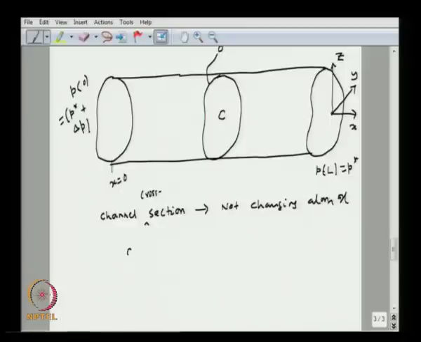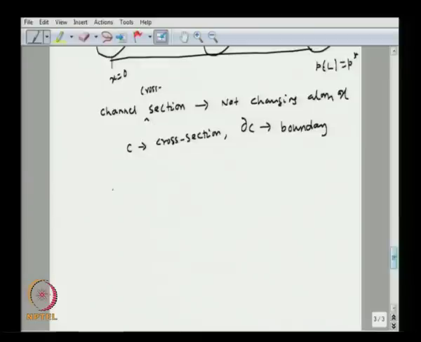And so, here C represents the cross section of the channel and delta C represents the boundary, right. And since the flow is uniform, we have u x is not equal to 0 and u x is a function of y and z, okay. And the other components u y and u z are 0, okay.